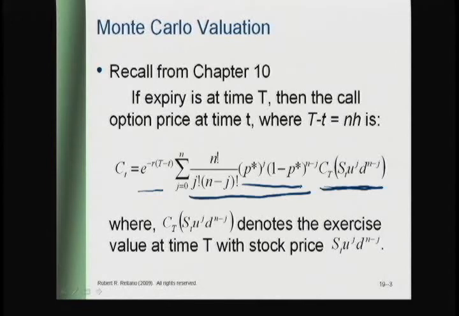So the logic of option pricing from Chapter 10 was we replicate the option with a portfolio of stock and T-bills. The price of that portfolio could be determined, and we can then algebraically convert that price into this form where we can see that the price can be represented as the present value of an expected payoff.